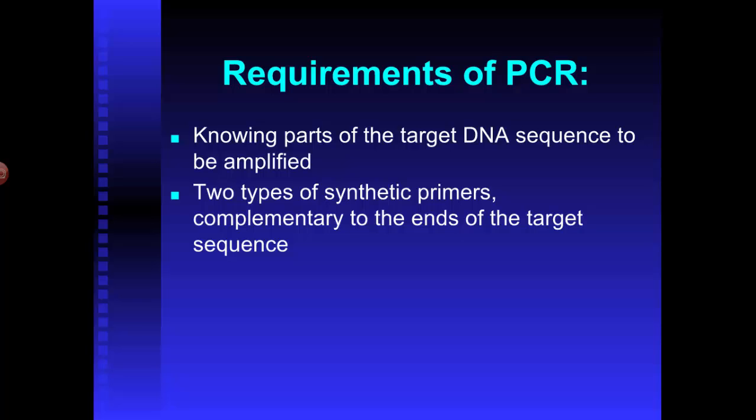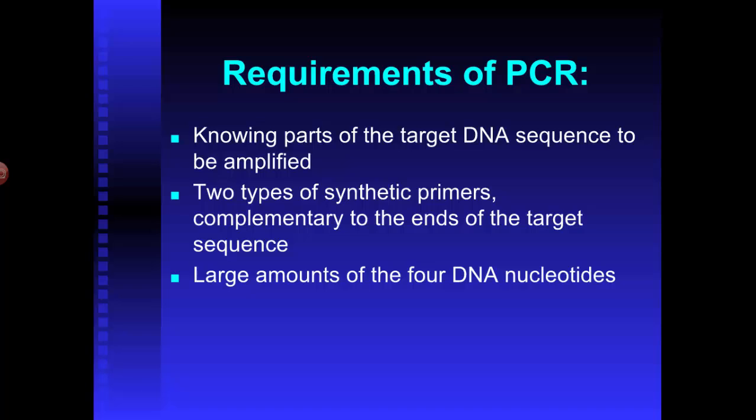And if you want to make a primer that will fit in there, you have to know parts of the sequence that the primer can be attracted to. So we're going to need two types of synthetic primers, complementary to the two ends of the target sequence: the one end of the lagging strand and the one end of the leading strand, so that you can get your DNA copied. You're going to need lots and lots of the DNA nucleotides because you're going to make multiple copies of this stuff.